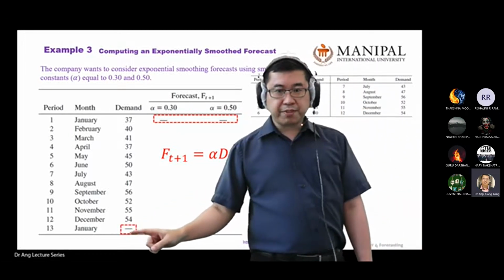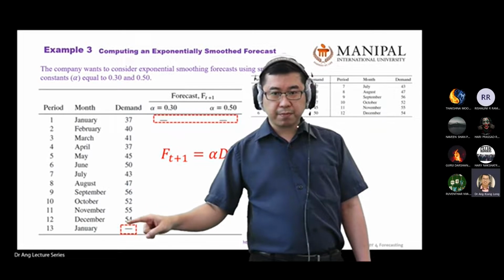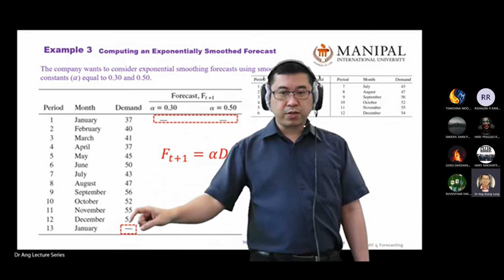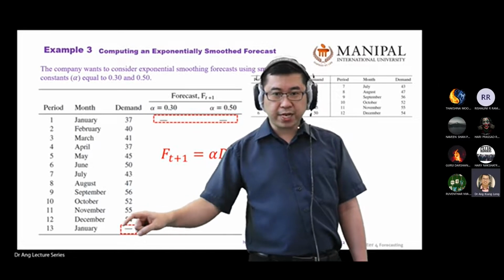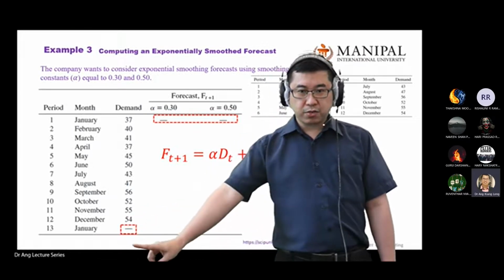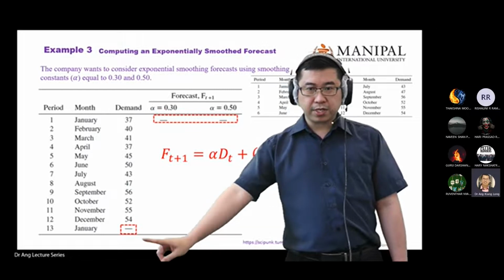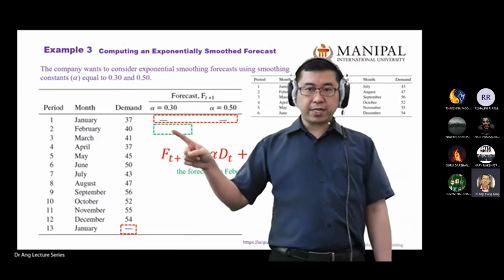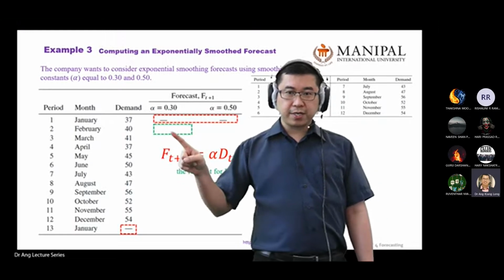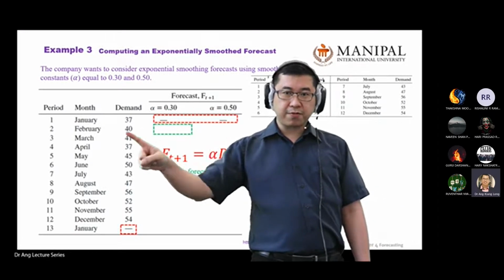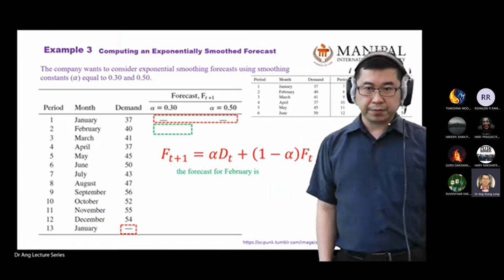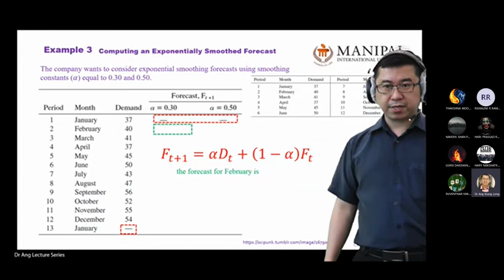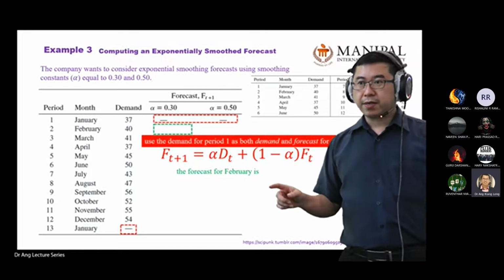January also doesn't have demand because in the raw data you don't have it. They want you to do forecasting for January, so there's no real data for January. Let's do the calculation for the green color box here. We just calculate F sub t plus 1 for February. How do you calculate based on this equation?